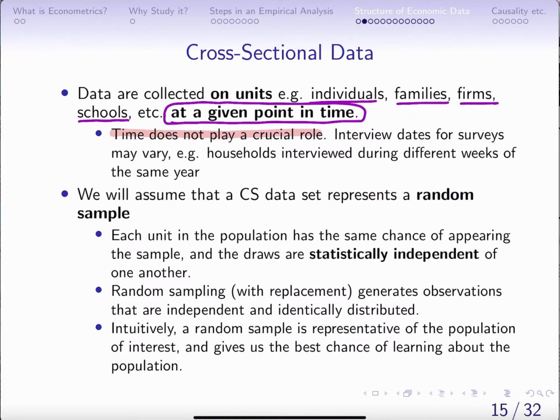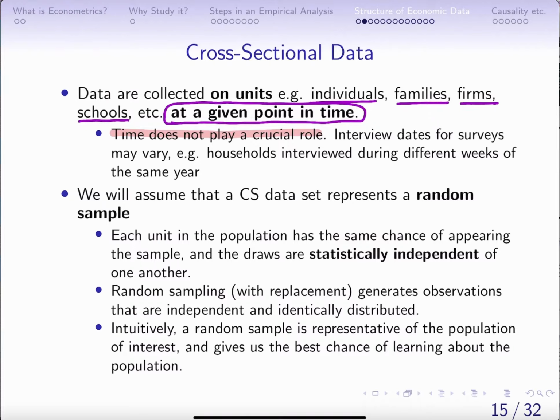What matters is that you collected that information at a given point in time, and that time period could be a year, right? So here time does not play a crucial role, and therefore that's why it's called a cross-section.